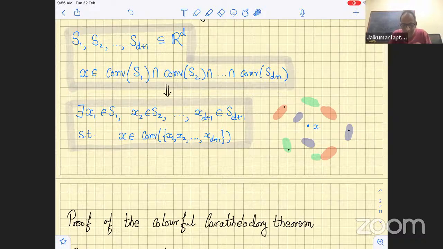It says that in this situation, you can pick those d+1 points in such a way that one point is red, one point is green, and one point is blue. So you will never need to repeat a color. Is the statement clear?